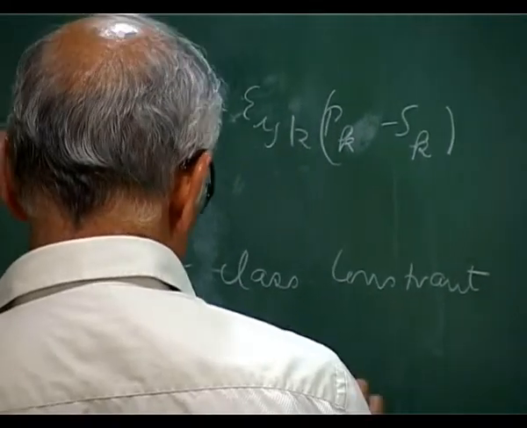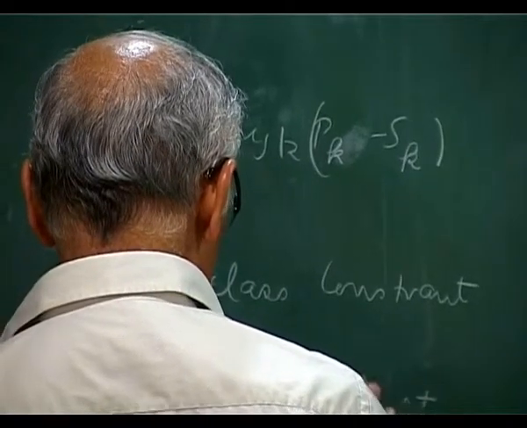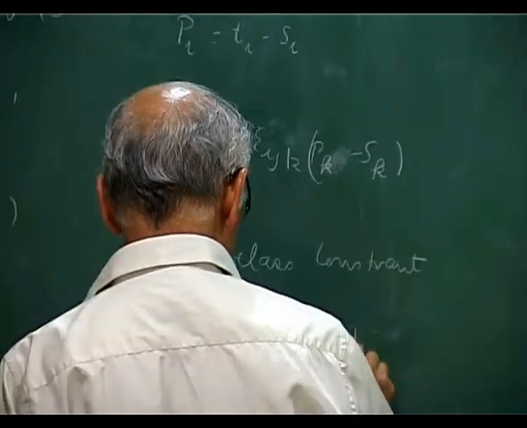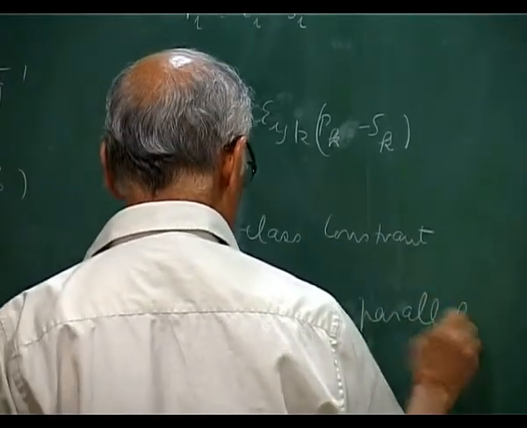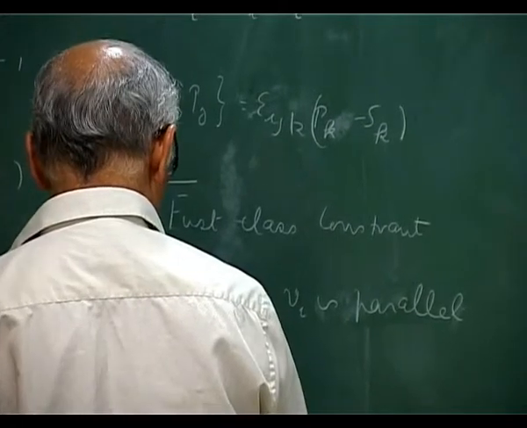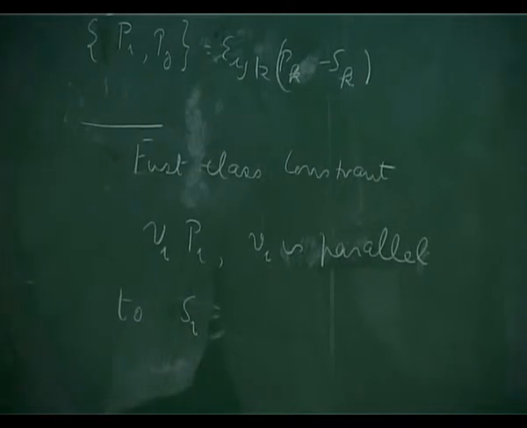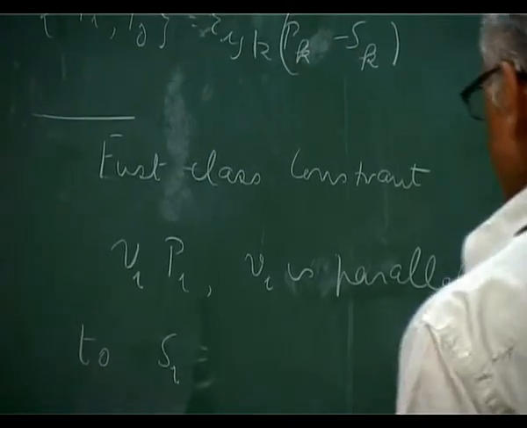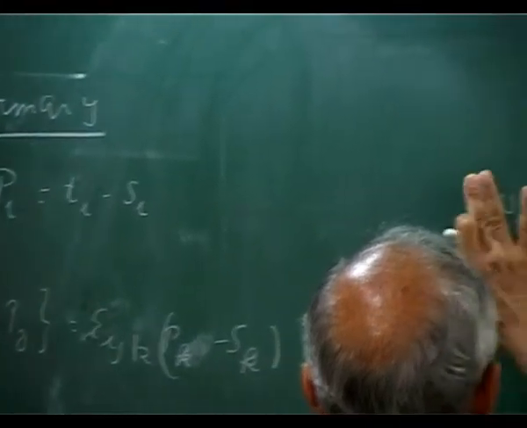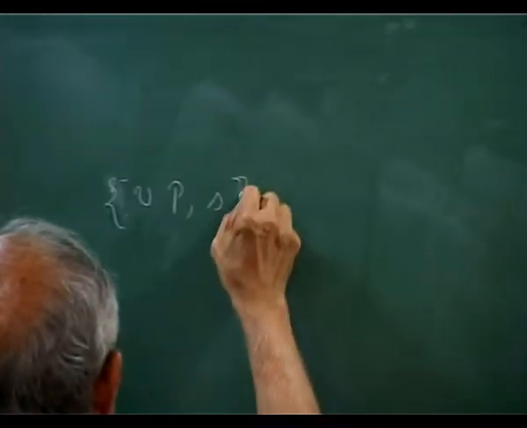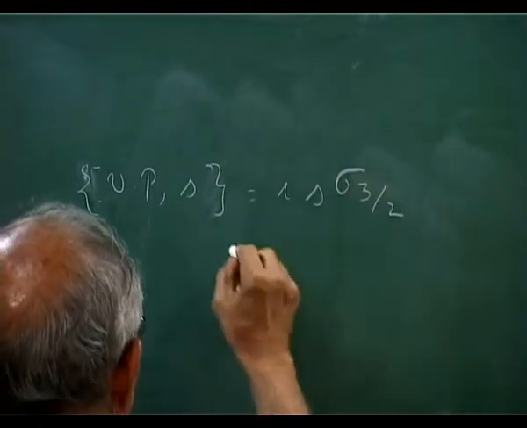So V_i is some constant times the spin. These are classical, so it makes sense to talk about S_i. And what this V dot P did to S, the Poisson bracket, is something very natural, which was i S sigma_3 over 2. So it's a gauge transformation.